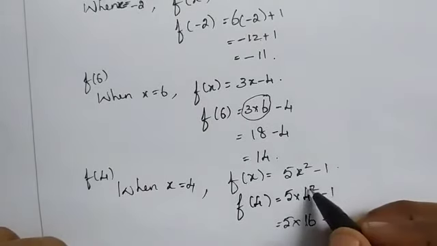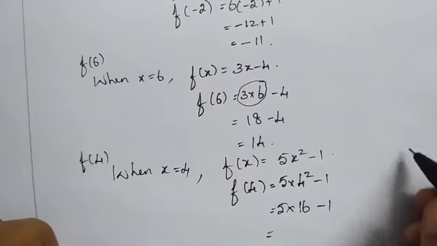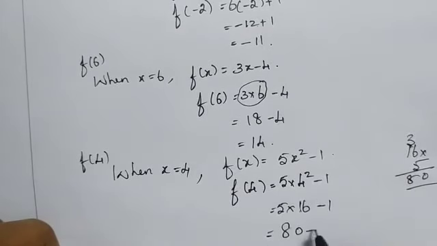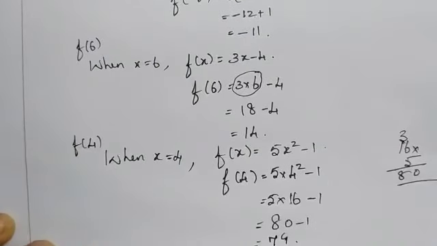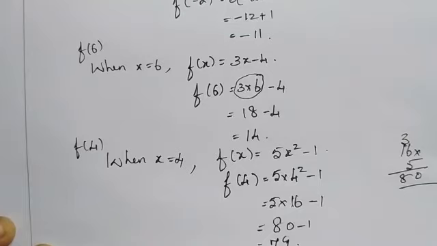First find the square, then multiply, then subtract. 16 into 5 is 80. 80 minus 1, 79. f of 4 is also already finished. You can write the answer. f of 4 is equal to 79 directly.